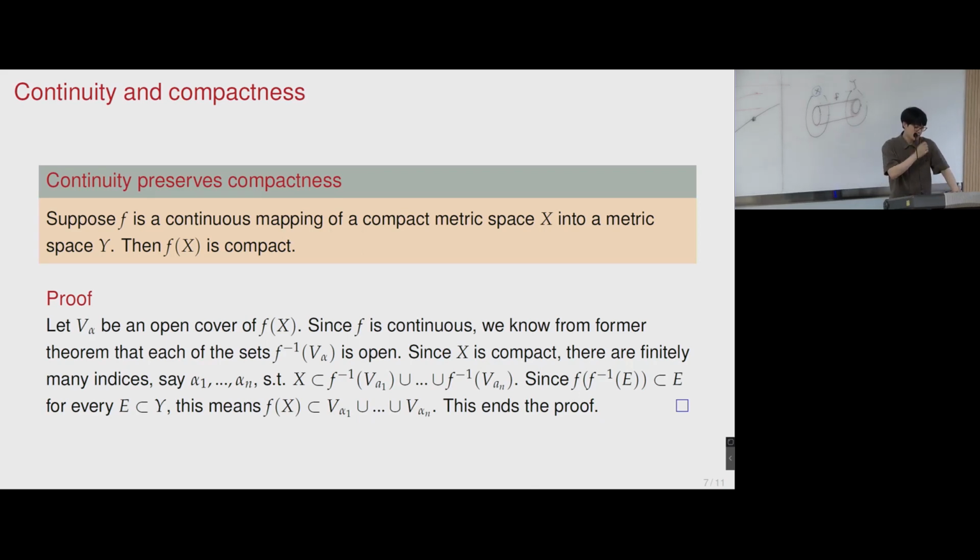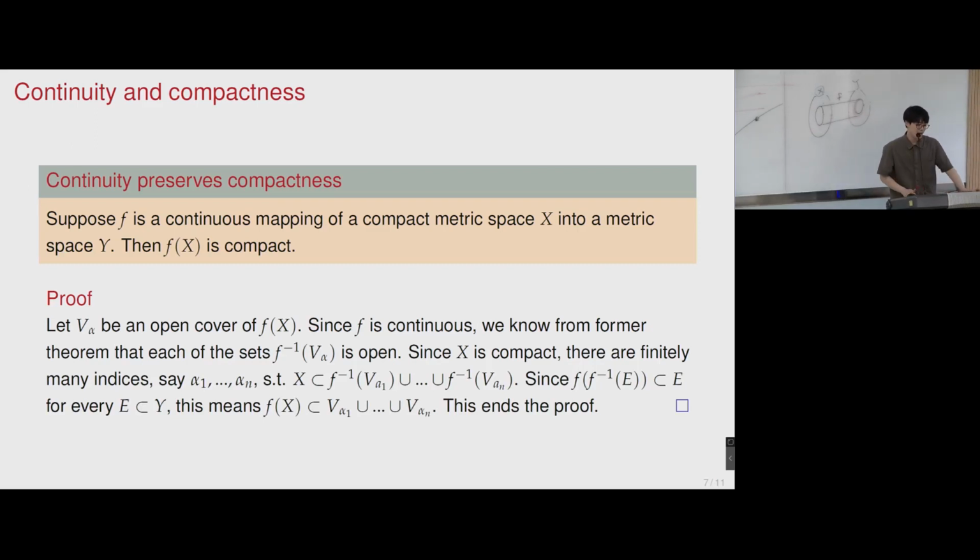That's basically what it says in the theorem here: suppose f is a continuous mapping of a compact metric space X into a metric space Y. Then f(X) is compact. So it takes the compact set and preserves it, even though we transfer it from one space to another, which is a very nice quality, right?